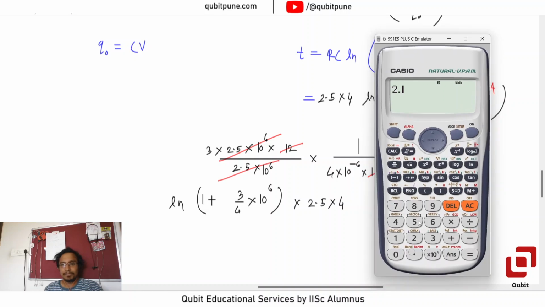No, wait. 2.5 into 4 itself is 10. Hai na? Right? They just calculated the log value. It will be much greater, I suppose. Yes, so it's 135.